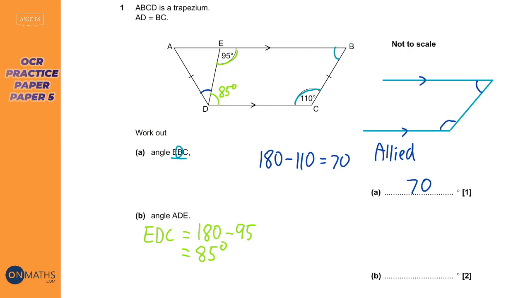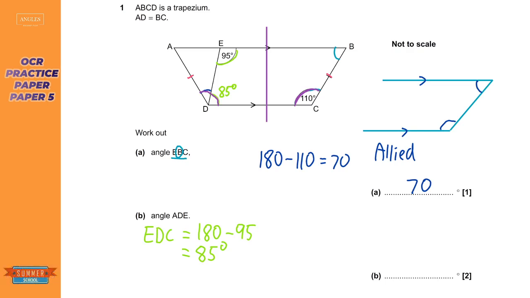Now, with this question, because the trapezium has equal sides here, it actually means that the whole trapezium is completely symmetrical down the middle. That's not quite the middle, but down the middle it is completely symmetrical. So this angle here, the 110, and this whole angle here are going to be equal because it's completely symmetrical.